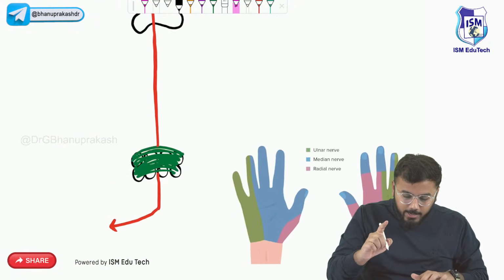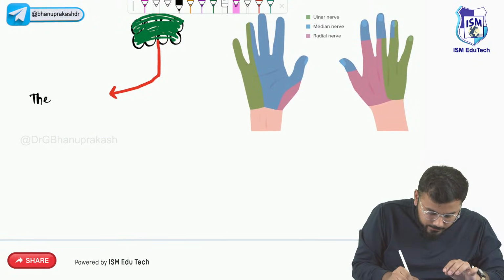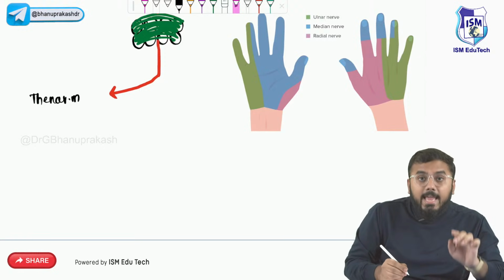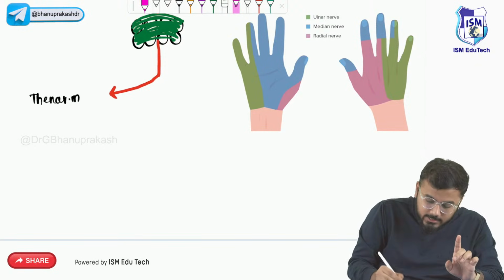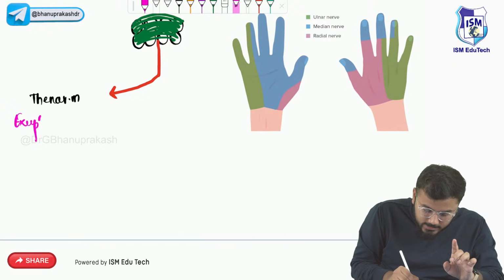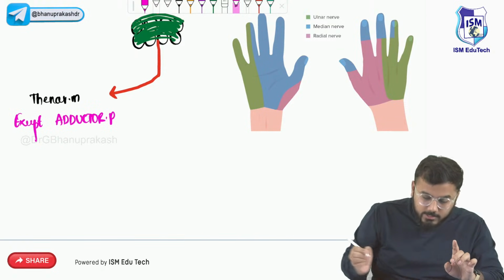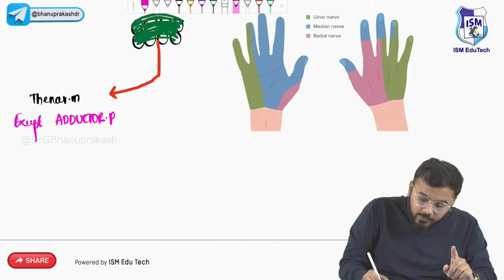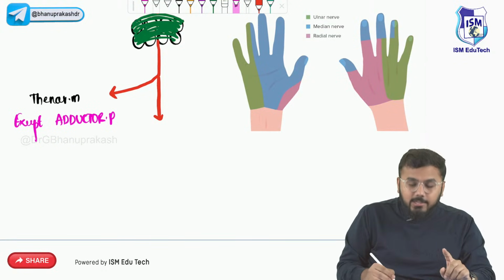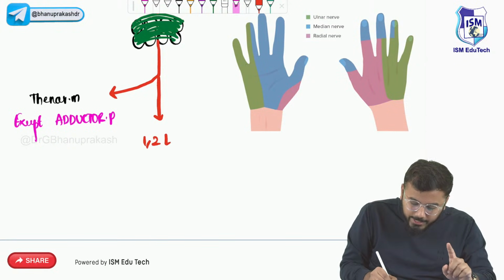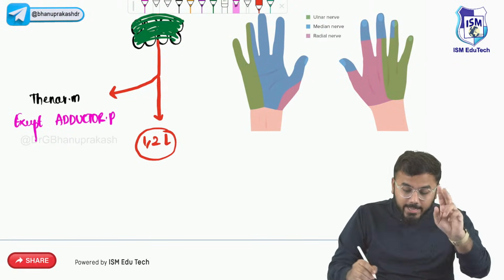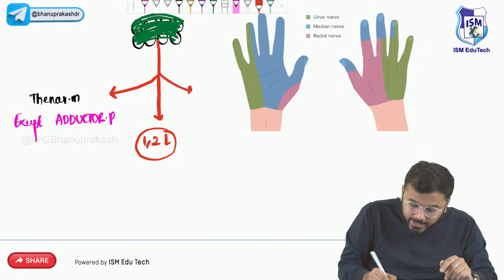So it will supply your thenar muscles, except what? Except adductor pollicis. Next, it will give the second branch to lumbrical 1 and lumbrical 2. Next, it will give its third branch.